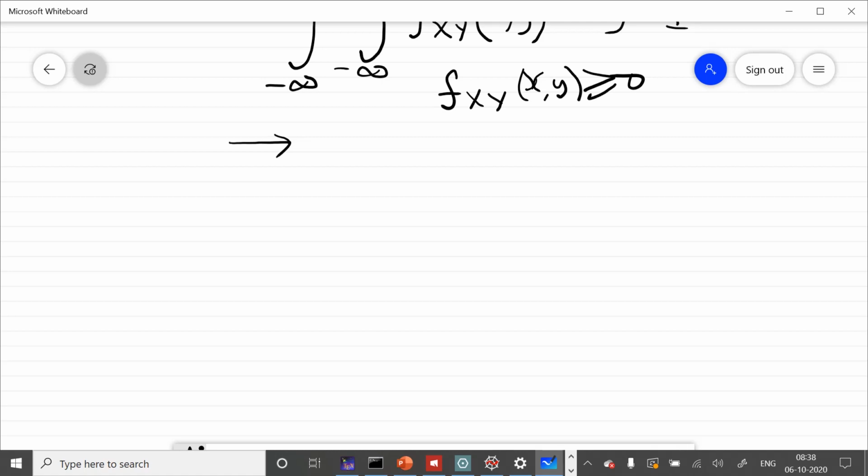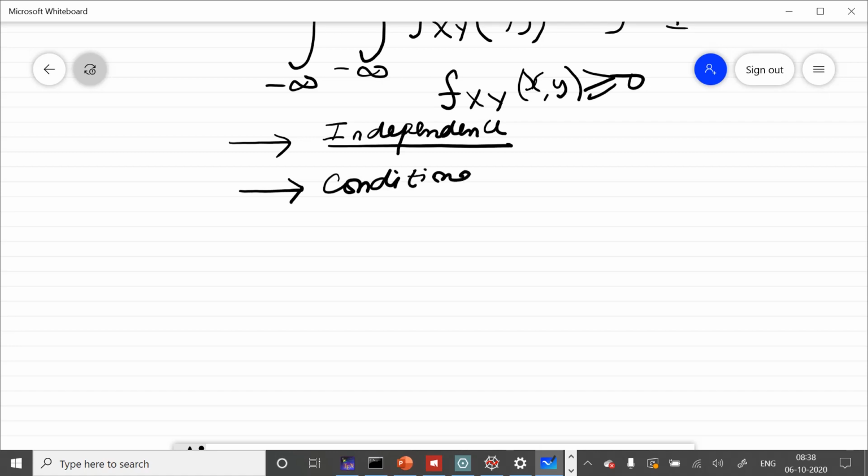Now here one important notion we will introduce is independence. But before independence, I would like to give the notion of conditional probability.